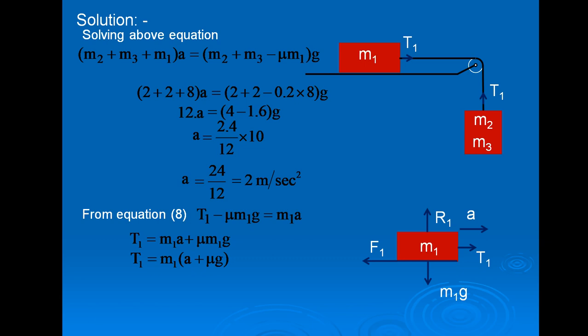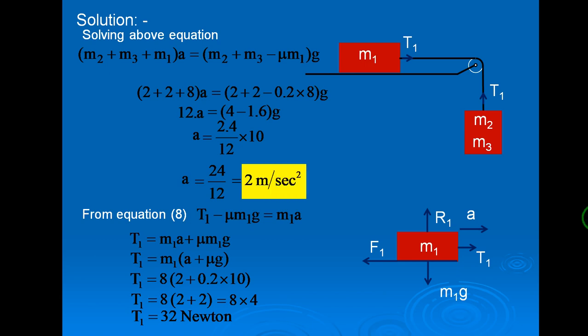So T1 is equal to m1 into (a plus mu g), which is 8 into (2 plus 0.2 into 10). 0.2 into 10 becomes 2. So T1 is equal to 8 into (2 plus 2), which is 8 into 4. 8 into 4 is 32 Newton. So the tension T1 is equal to 32 Newton. So this is our answer.